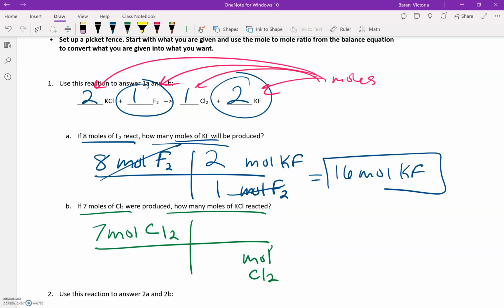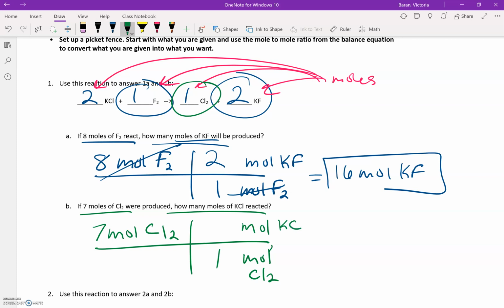Okay, well, it's moles of Cl2. How do I figure out how many moles of Cl2? Well, I look at the balanced equation. 1 mole of Cl2, that's the number that's in front. And then how many moles of KCl reacted? So we're trying to convert from chlorine, which is Cl2, into KCl.